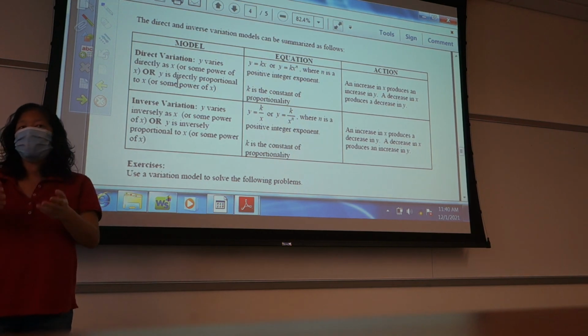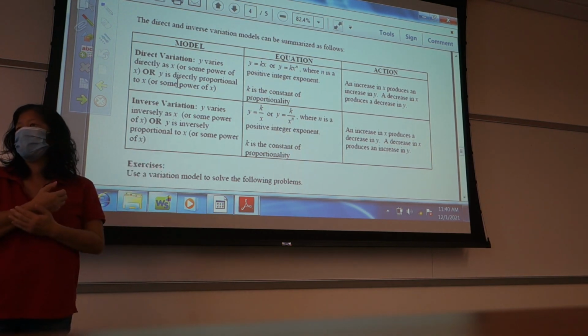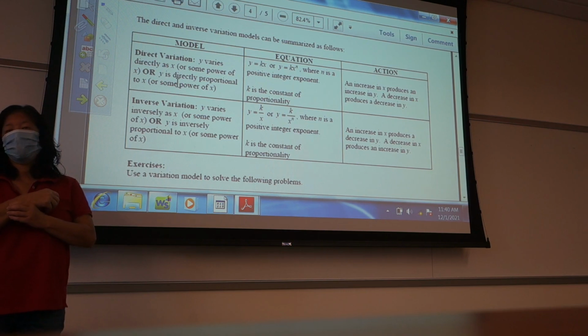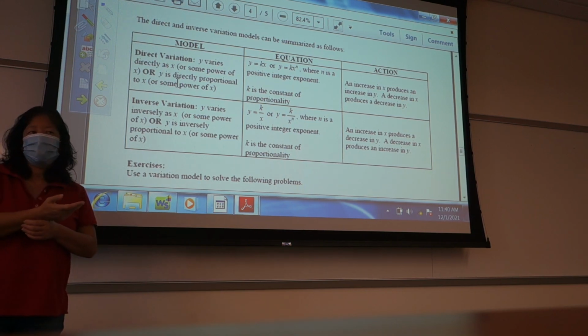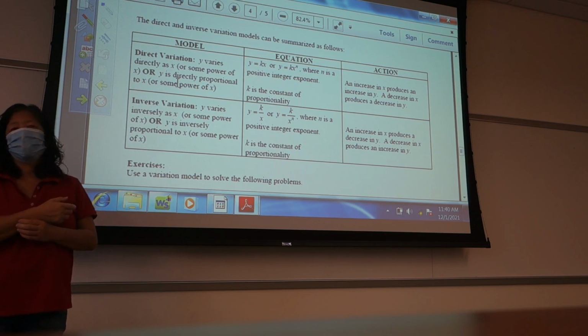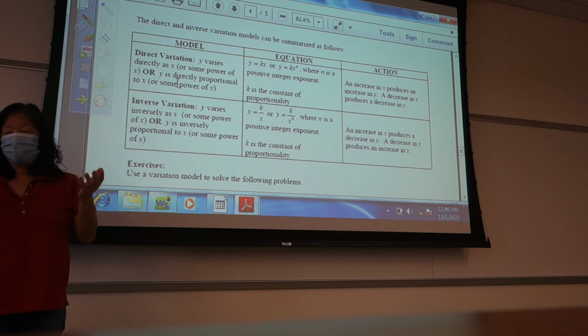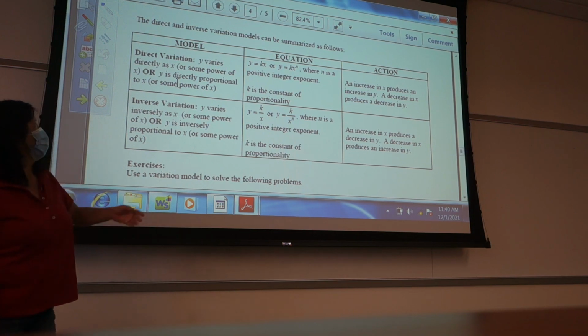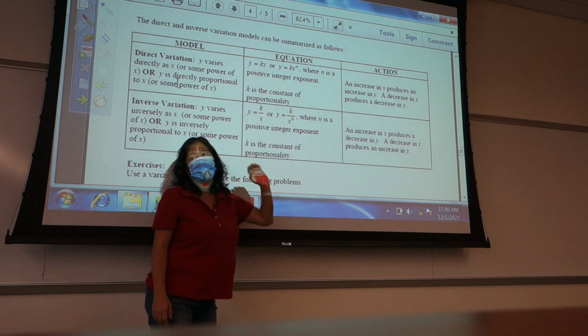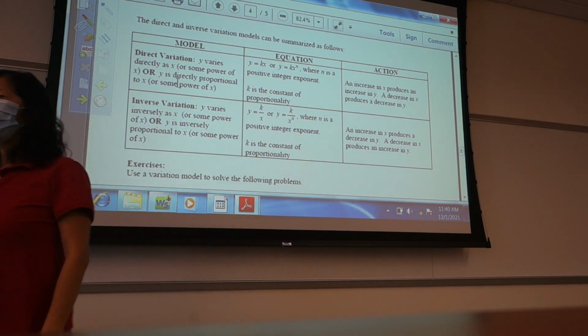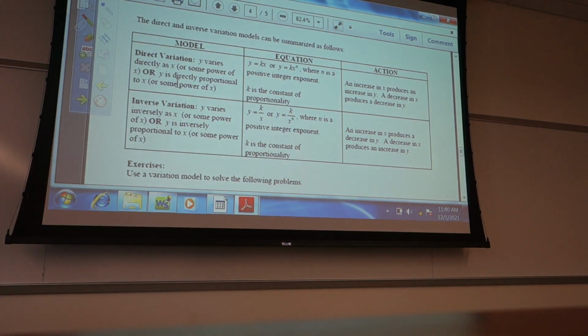One, you're given a point, and the other is the one you're trying to find. And again, I would recommend you make your y your how many or what is or whatever. And then you take the point where you have both your numbers, plug that in here to figure out what your k is, and then you have your equation. Okay, so we'll work on this the next 15 minutes maybe.